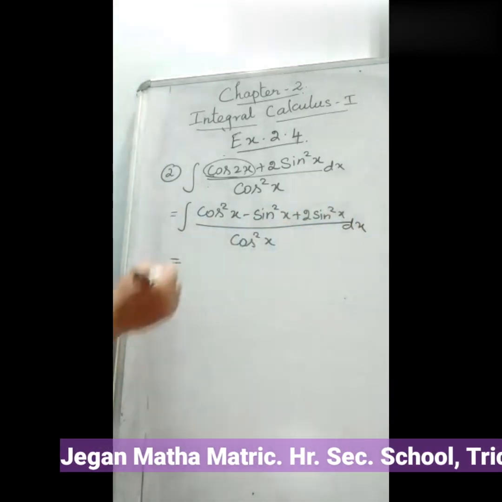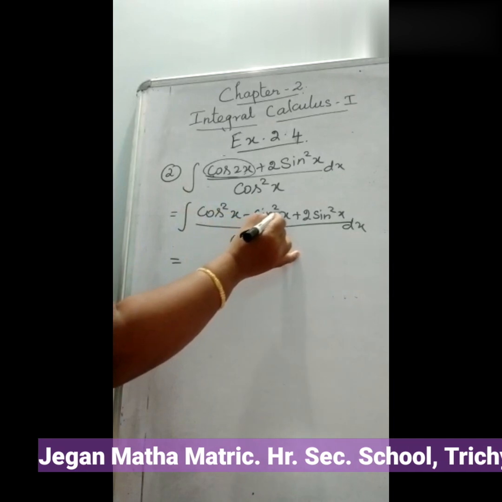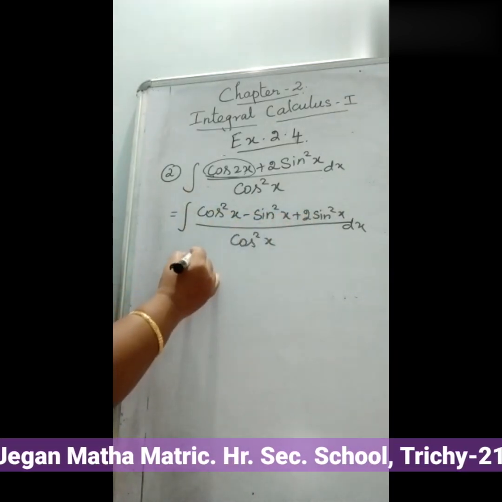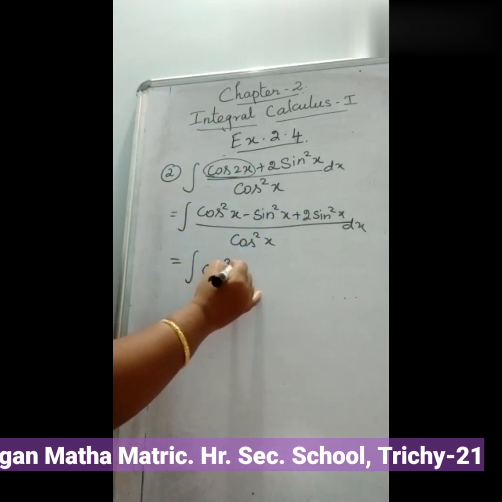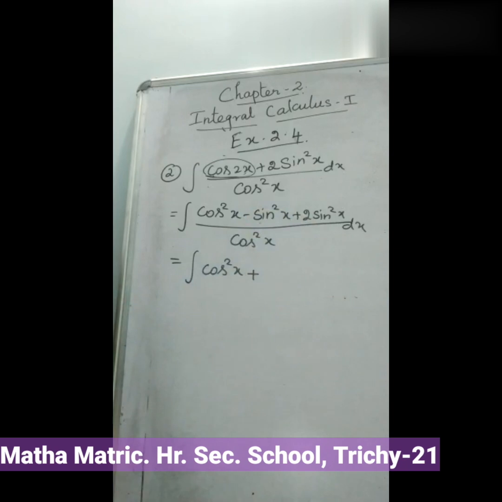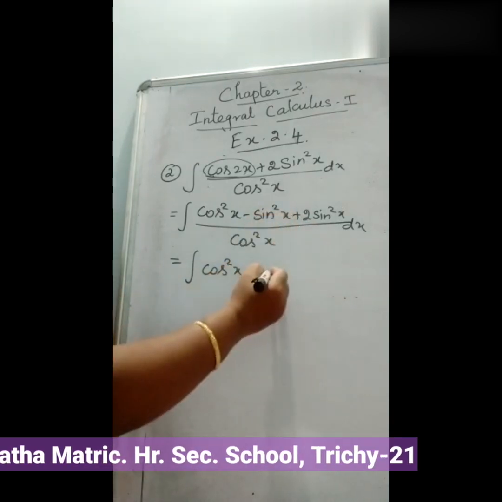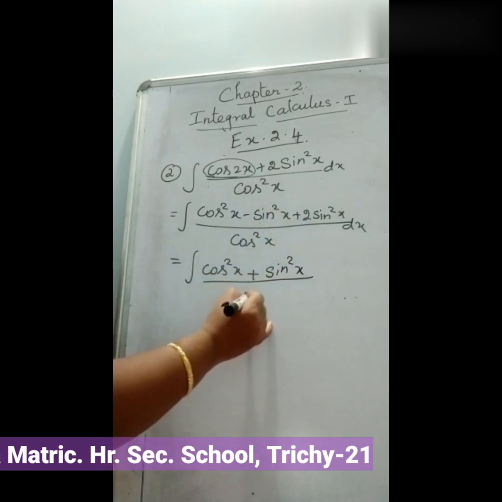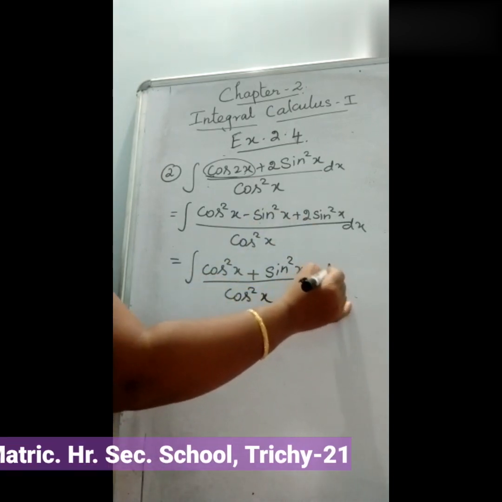Minus sin squared x plus 2 sin squared x gives plus sin squared x. So we get cos squared x plus sin squared x divided by cos squared x into dx.